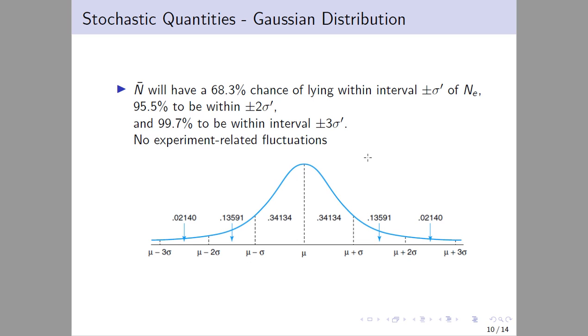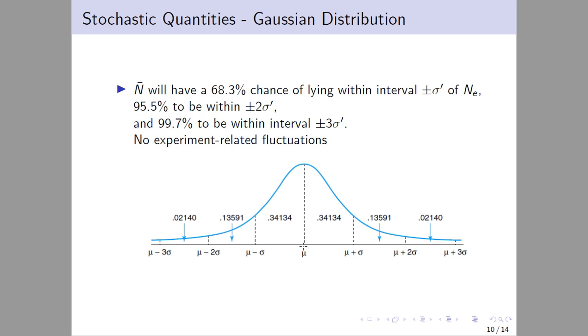So the probability of getting radiation with this energy here is 68.3%. Let's say we want to kill the cancer with 25 mega electron volt radiation.